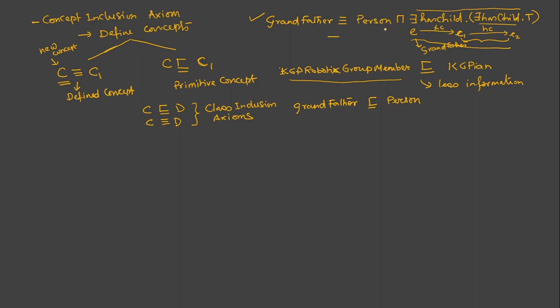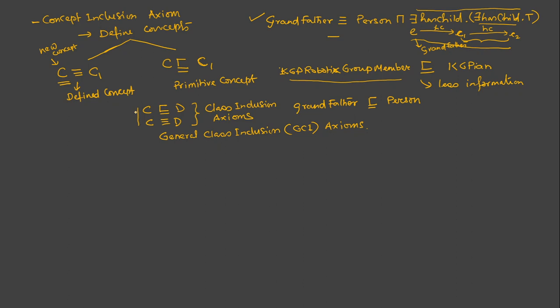So if we allow this kind of complex class expressions to appear in class inclusion axioms, those are called general class inclusion axioms, GCI, right?